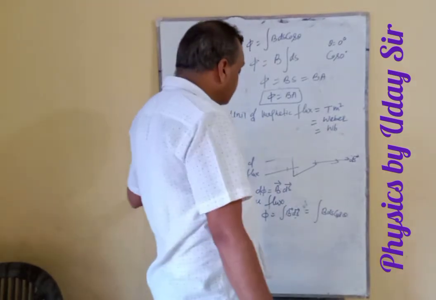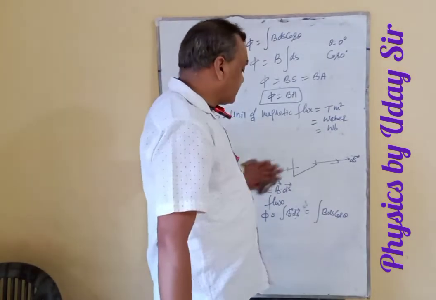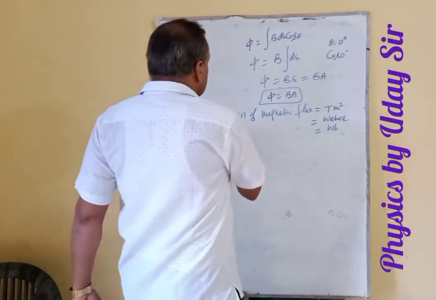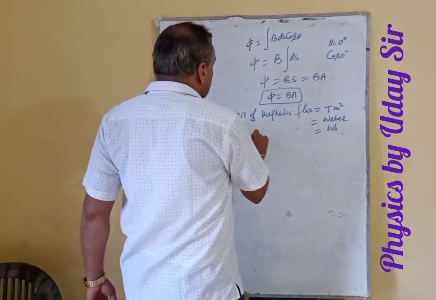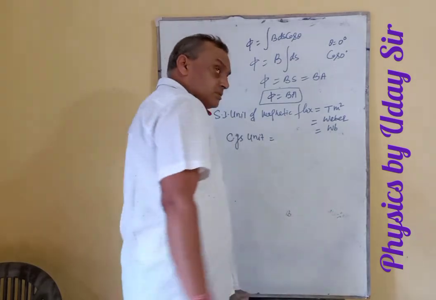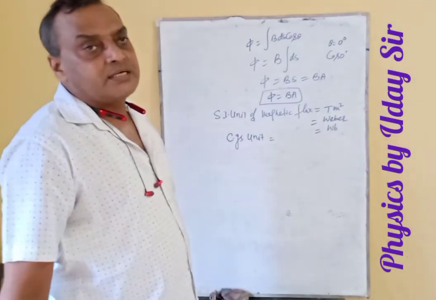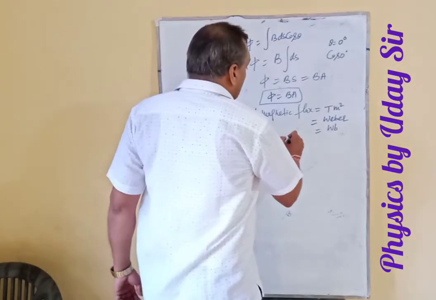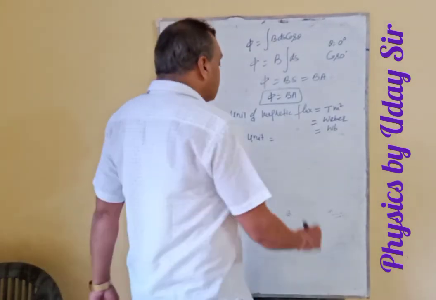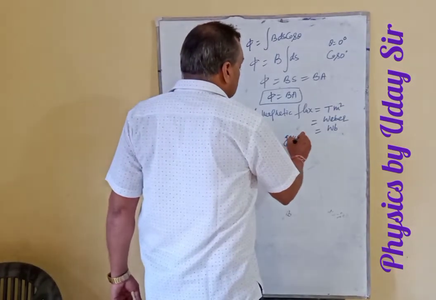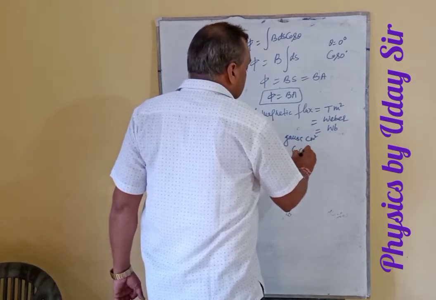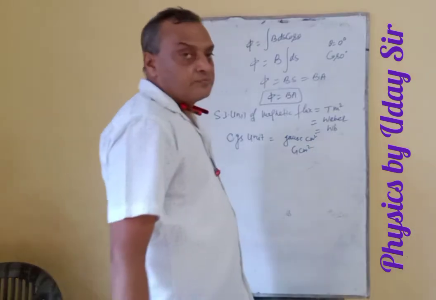Another thing, if the CGS unit is asked, what is the CGS unit of magnetic flux? See, this is the SI unit. In CGS, the magnetic field unit is Gauss. So the magnetic flux unit is Gauss centimeter square, G centimeter square we can write also.